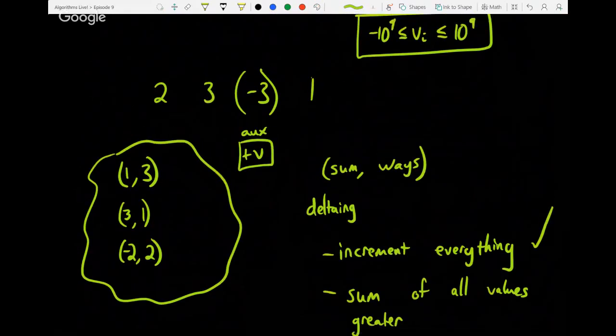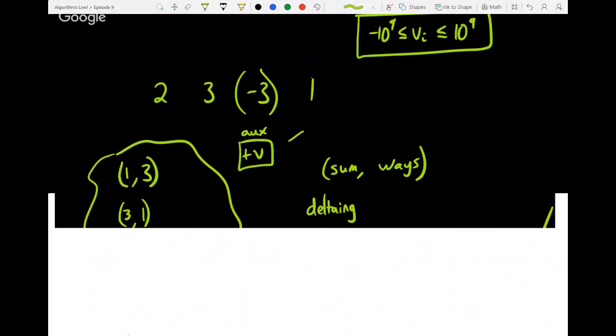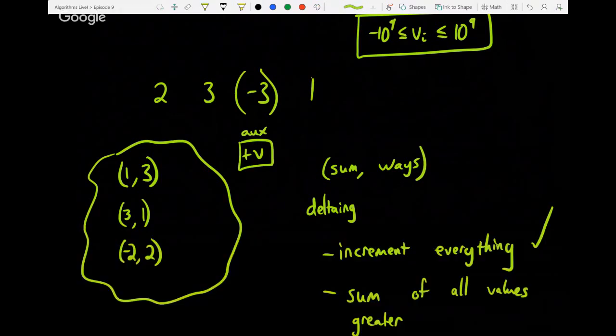All right, what we're going to do is analyze this auxiliary variable and how it changes things, because I want to only put things at the insertion point. I'll know what that auxiliary variable is because every time I come across a new value, this is what I change it by.